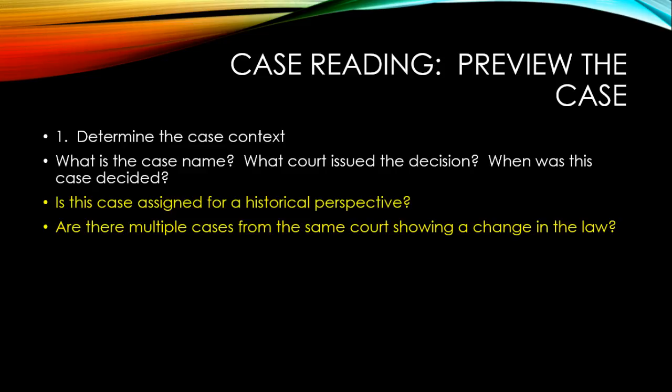And so you'll see several cases all from that court in a row, and it's intentional to show the evolution of the law in that area. Sometimes you'll read opinions from the same judge, so you'll start seeing some common names throughout law school. When you see that judge come up again, you want to make sure you make note of it.